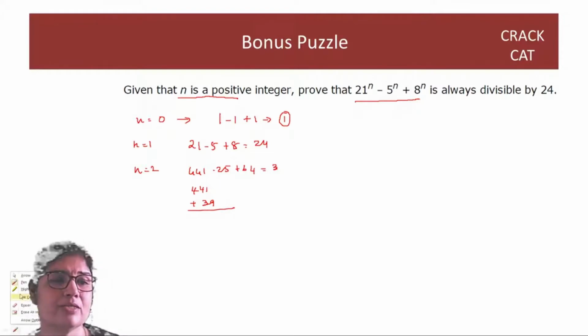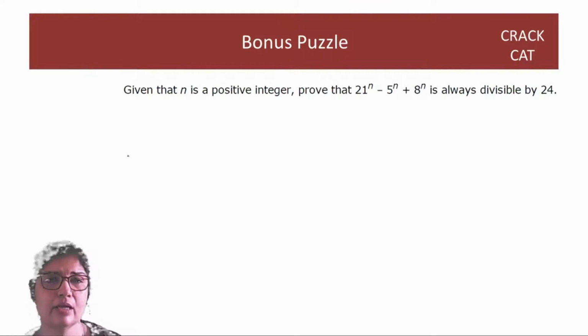But that's not going to work. How will you solve this without numbers? Whenever you have a raised to n minus b raised to n, you will always have this be divisible by a minus b.